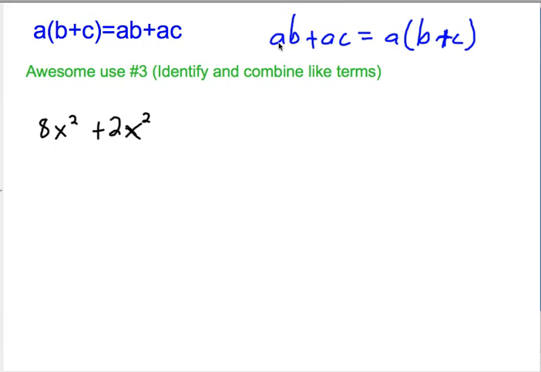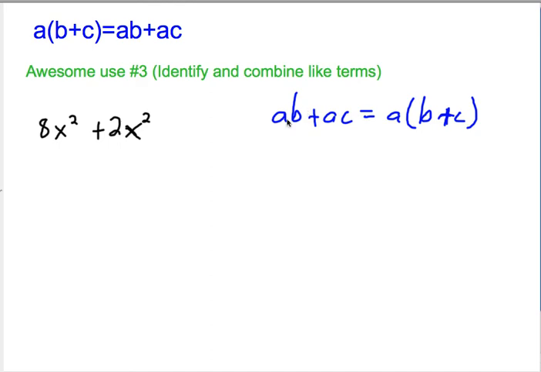It makes more sense if you understand the commutative property. Let me move this down. Remember, the commutative property says that we can have these in any order. So technically, what we're going to be looking at is this, and it still works on this side. So we have this 8x squared.